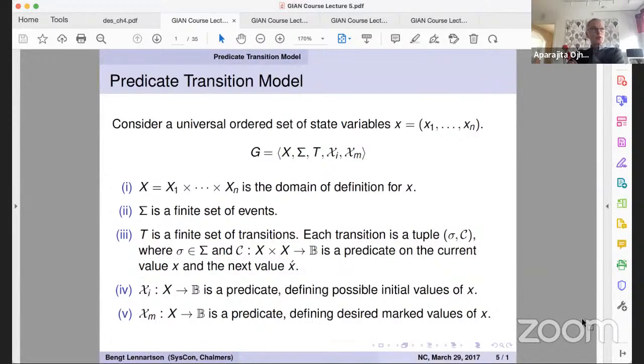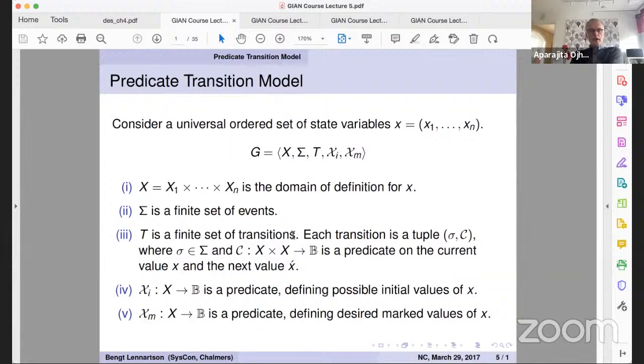And if you remember, the Petri net had a marking vector, and the marking variable for each place then represents all the markings together, which could represent the state of a Petri net. So for instance, if you have 10 places, you introduce 10 variables, and in that case you also have 10 variables in your state vector.